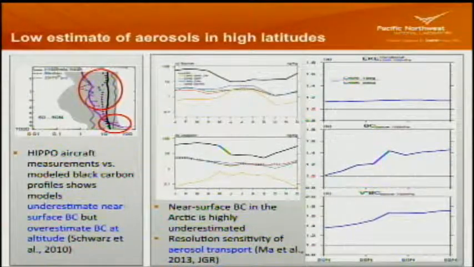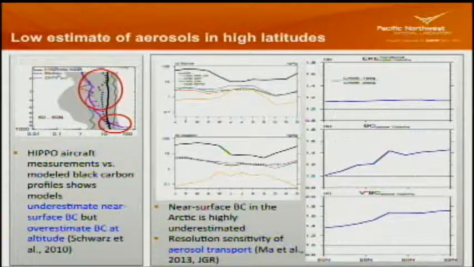The gray area and the black line are the median and the range of all the aerosol models' simulated black carbon concentration, and the purple line is the aircraft measurements. You can see that the model underestimates the black carbon concentration near the surface by at least 1 order of magnitude and overestimates the concentration at altitude by 1 order of magnitude.